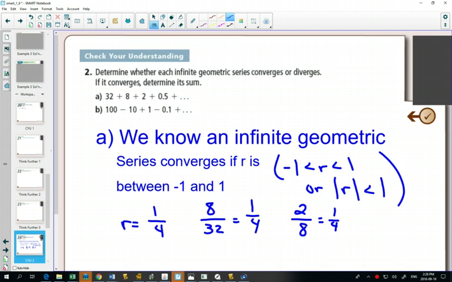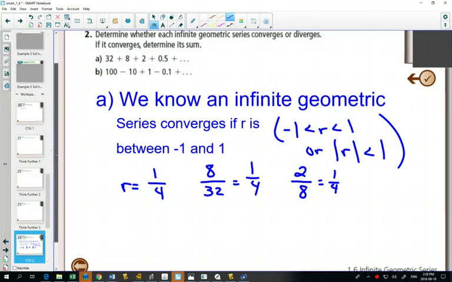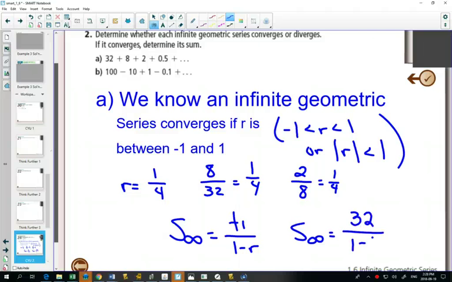So if we want to find the sum, if we kept adding those things up forever, we can write out our formula, and then in our case, term 1 is 32, over 1 minus 1/4.